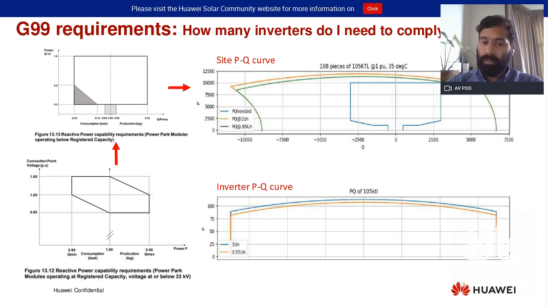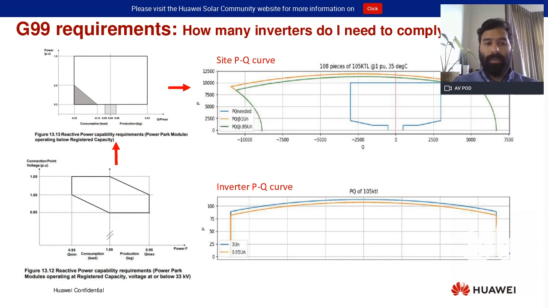However, in reality, this will not be like this. It will look more like you could see above, because this will take into consideration the contribution of your cables, of your transformers, of the distance to the connection point, and you need to make sure that your requirements are always below the operating point.